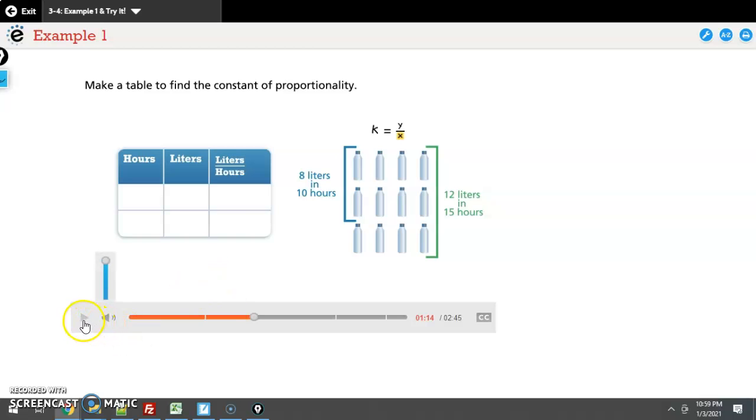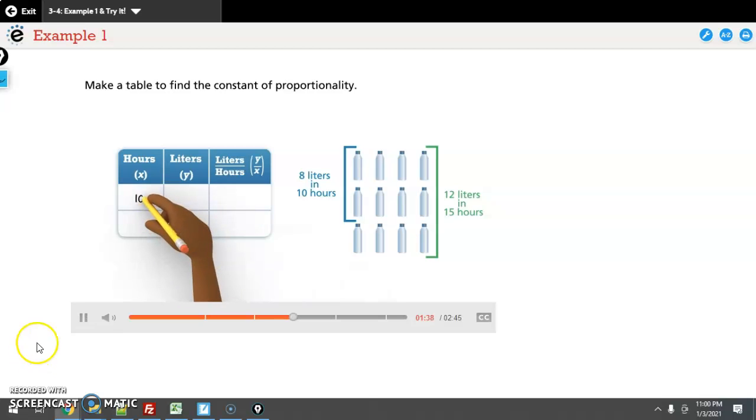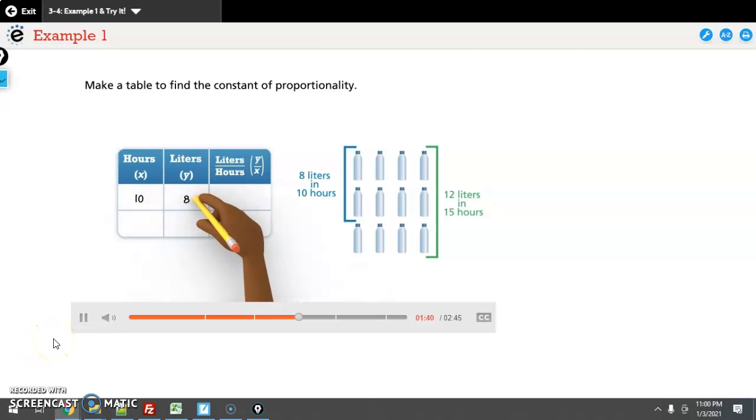x is hours. x is the independent variable. y is the dependent variable. The liters of water, y, that flow through the sponge depend on the number of hours, x, that have passed. So, the rate, liters per hour, is y over x. In 10 hours, the sponge filtered 8 liters of water.